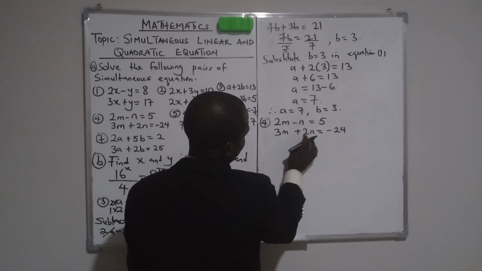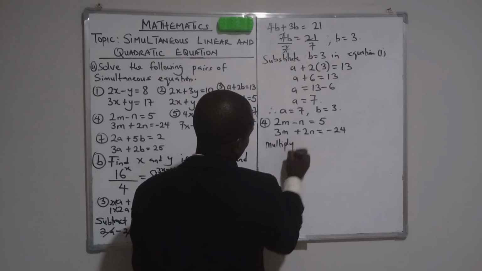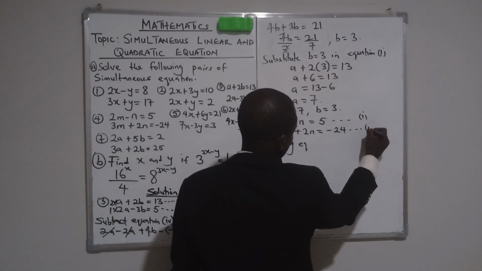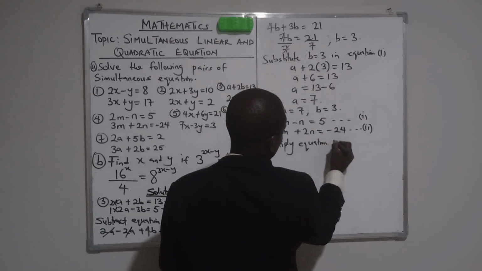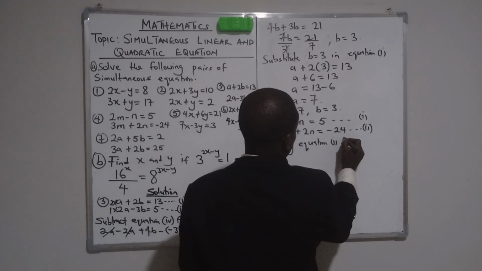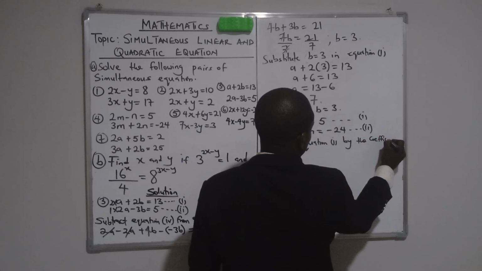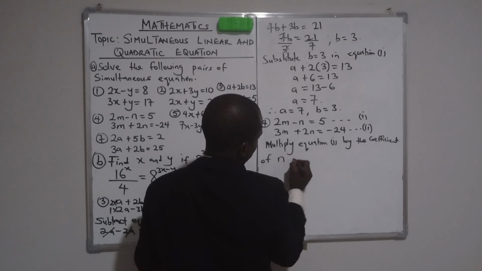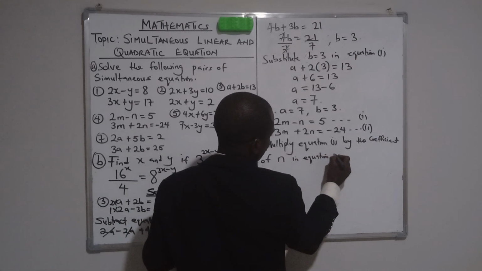Let me pick the least one. Multiply equation 1 by the coefficient of n in equation 2.